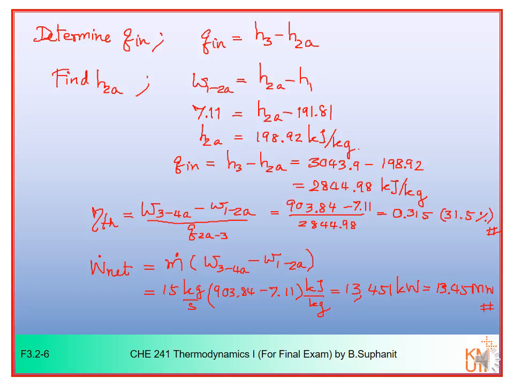So this is the net work output when the mass flow rate is 15 kilograms per second.